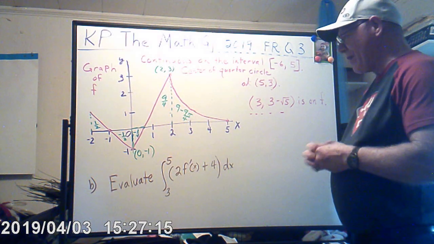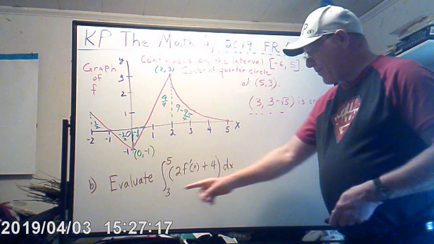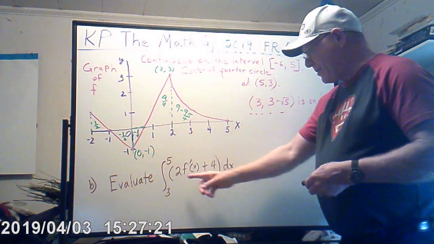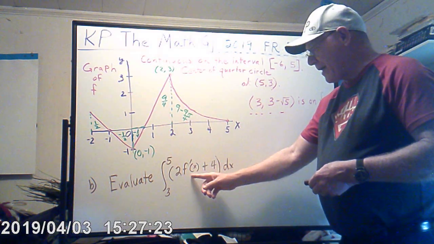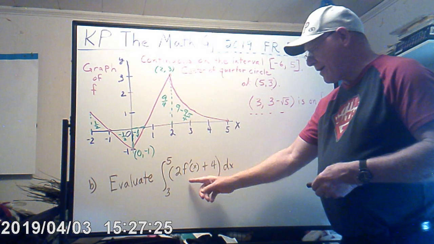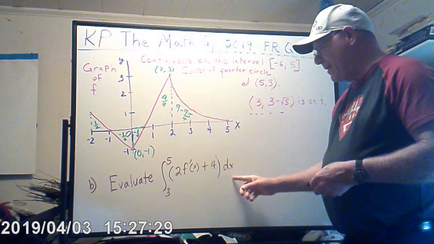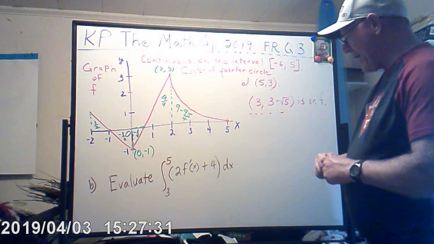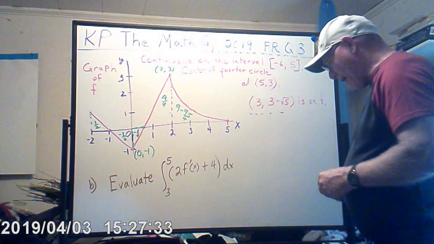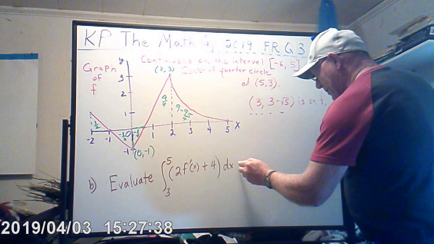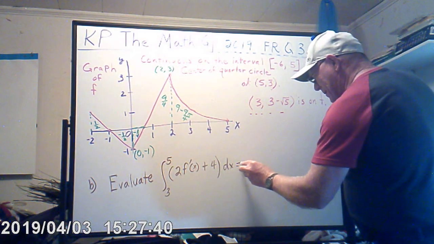We want to evaluate from 3 to 5 this definite integral of 2 times f prime of x plus 4 dx. Now, what I'd like to do is divide it up.